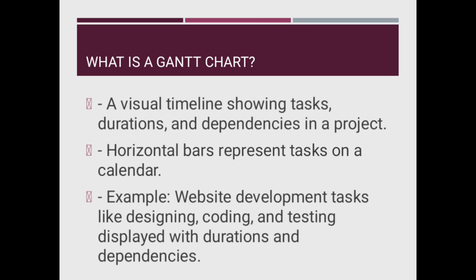Or for example, you are building a house, right? So things like foundation, erecting the wall, doing plumbing, all those are going to be represented by horizontal bars in your Gantt chart.